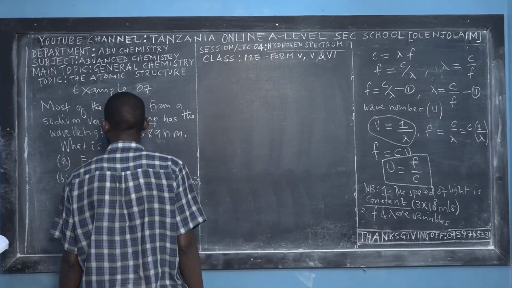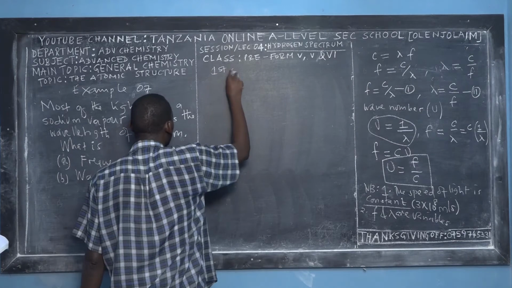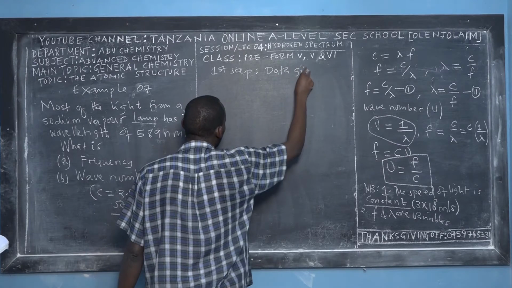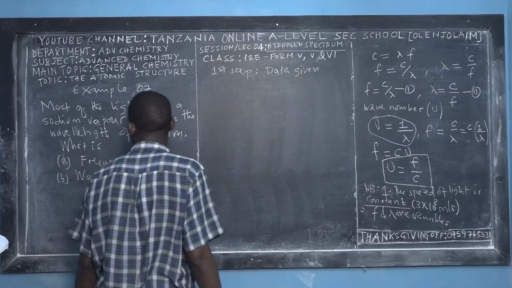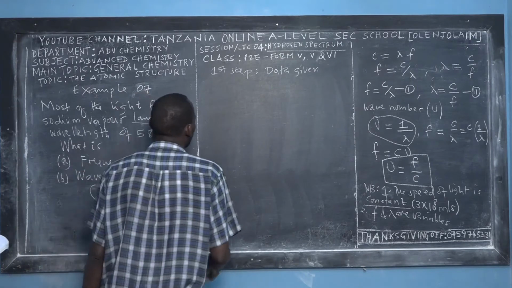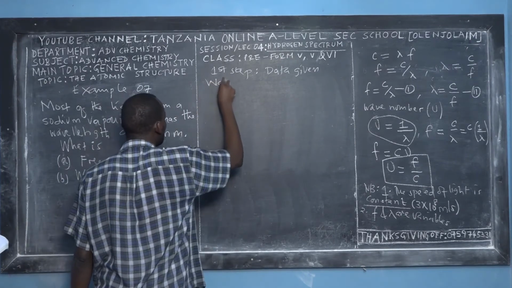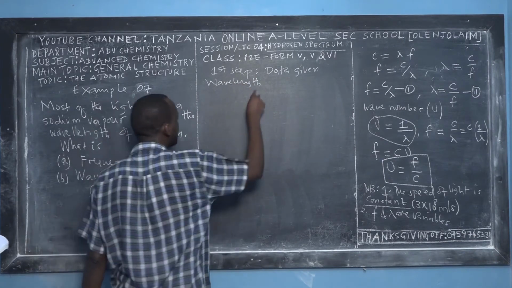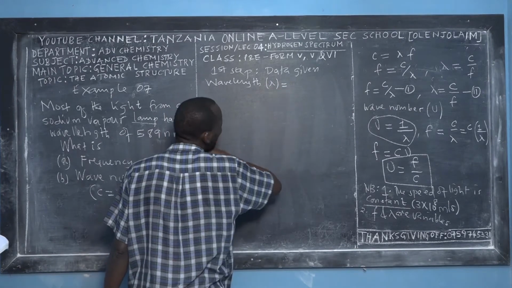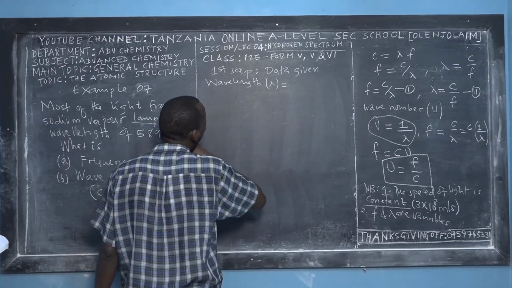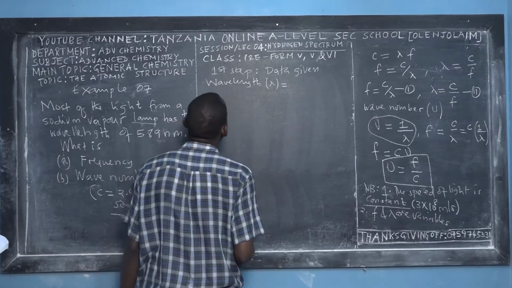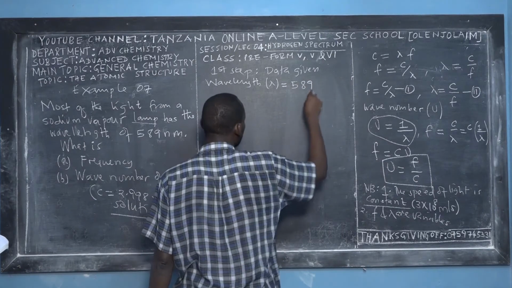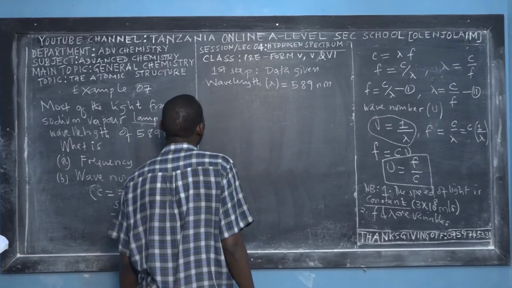We will be given the wavelength, so we'll follow some steps in solving this problem. The first one: let us obtain the data given in the question. The first piece of information is the wavelength, 589 nanometers.